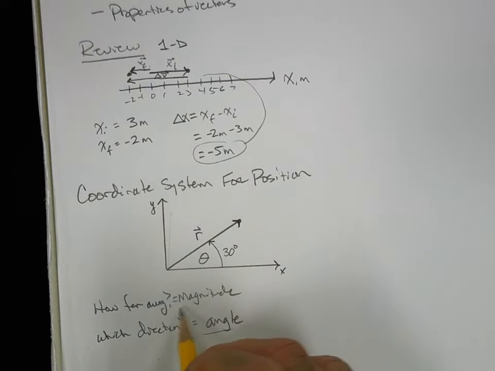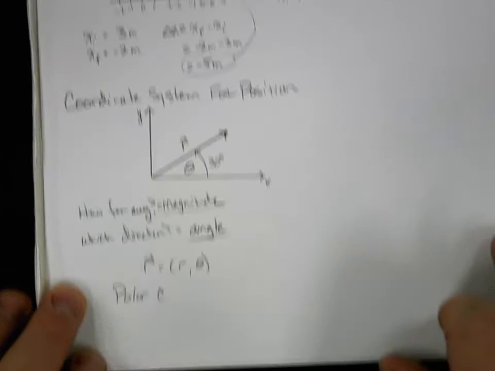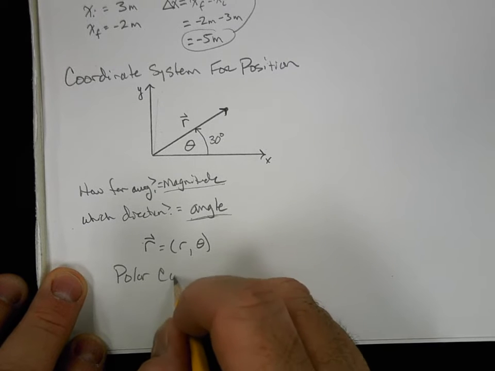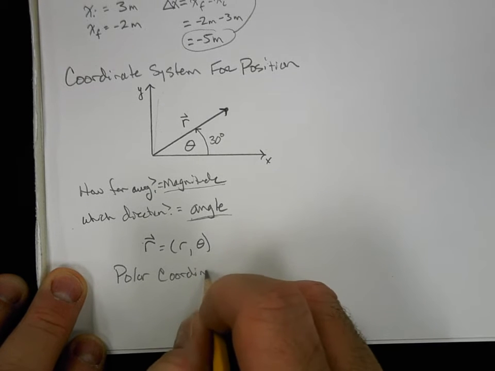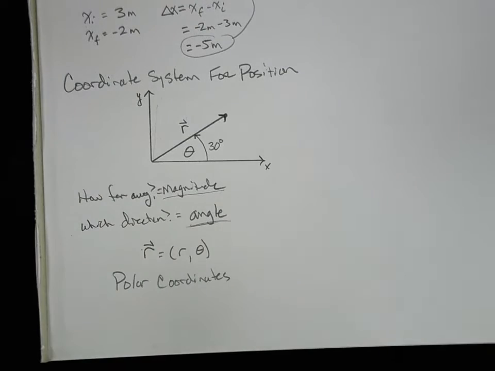If we have the magnitude and the angle, we have r in terms of our magnitude and our direction, and this is in polar coordinates.